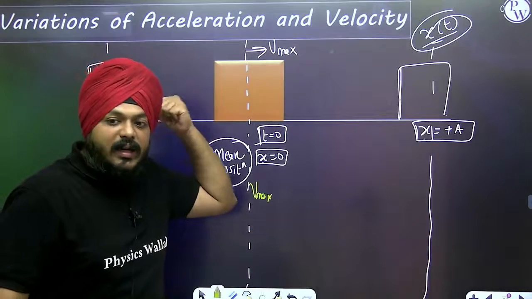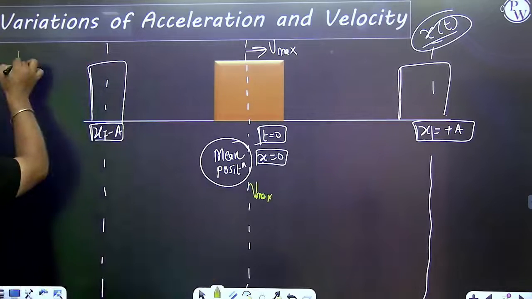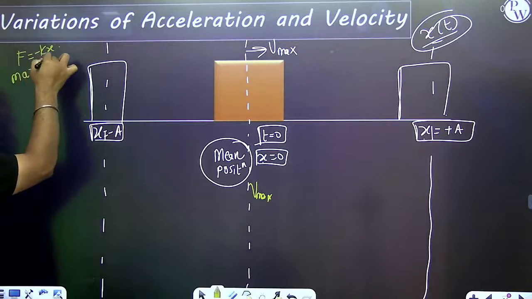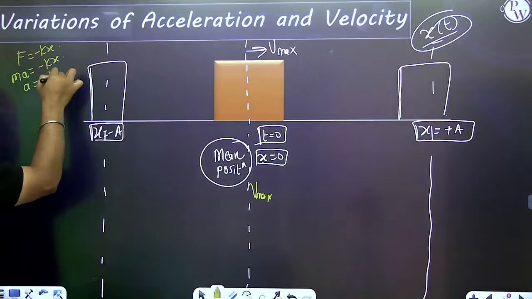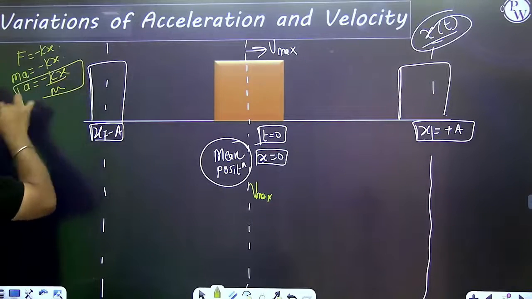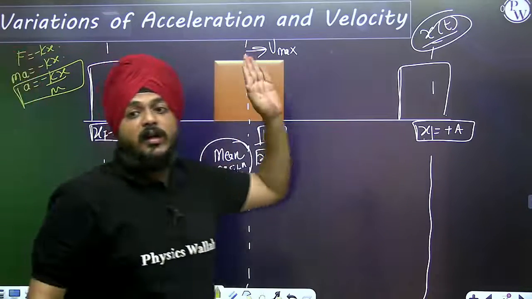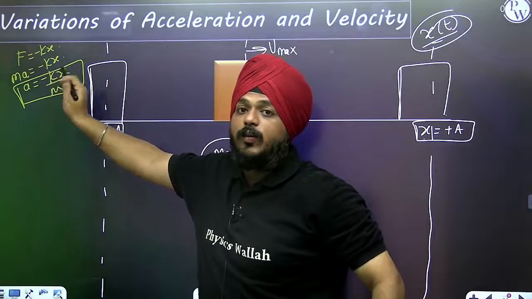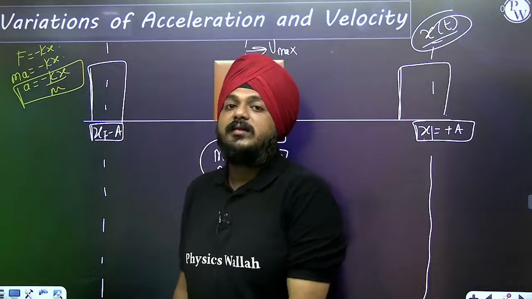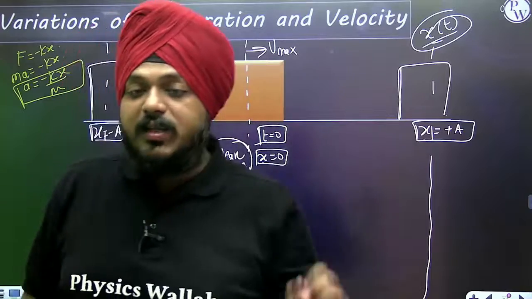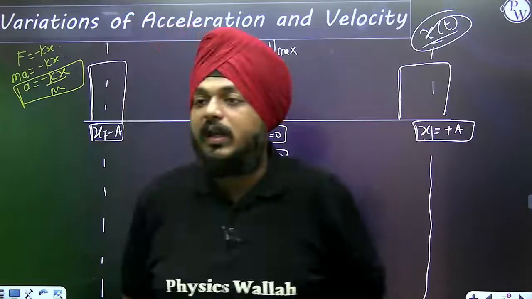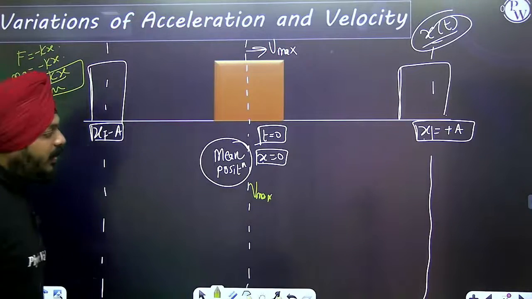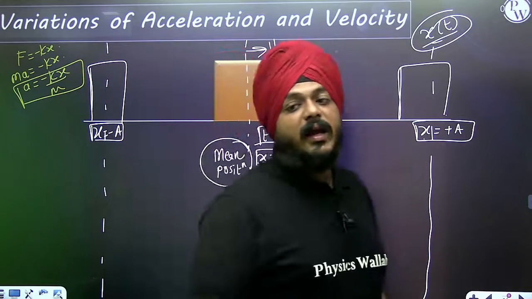Acceleration is 0. If I'm talking about the restoring force F is equal to minus kx, then I can say ma is equal to minus kx. Then acceleration is minus kx by m. So the acceleration is associated with the restoring force by this equation: a is equal to minus kx by m.